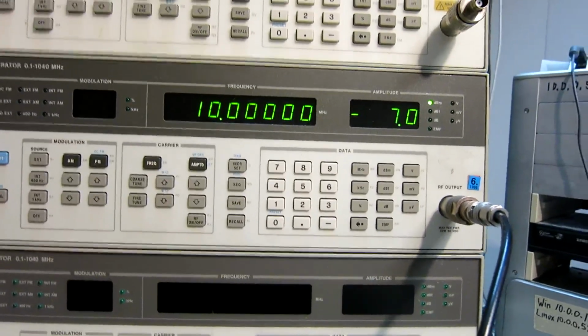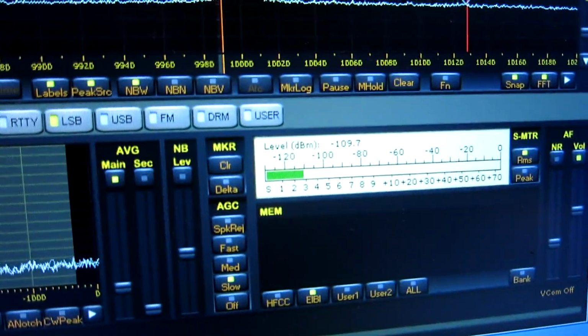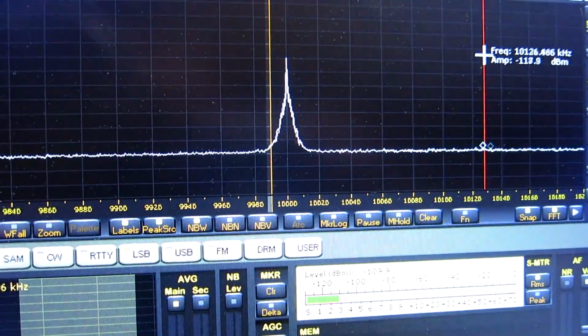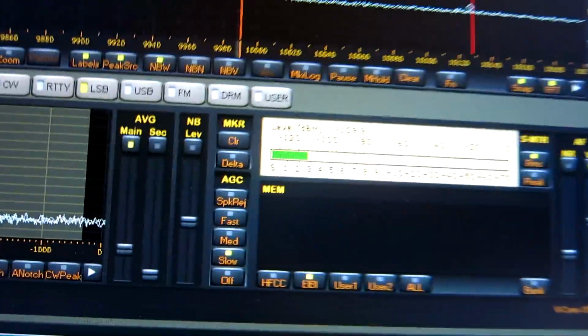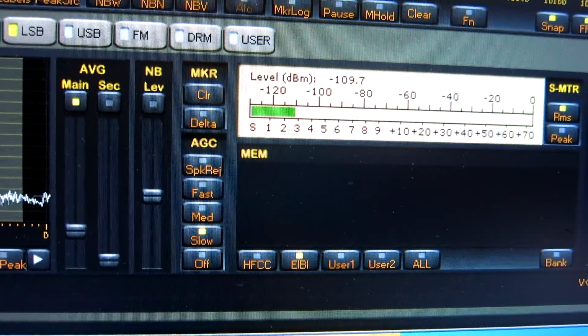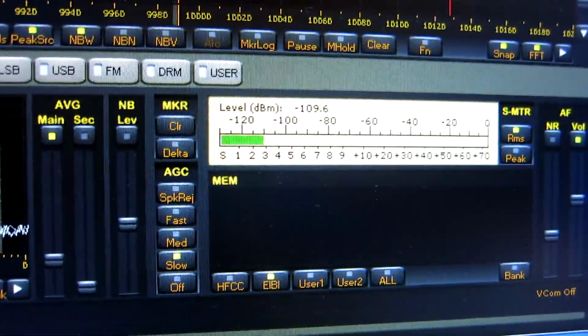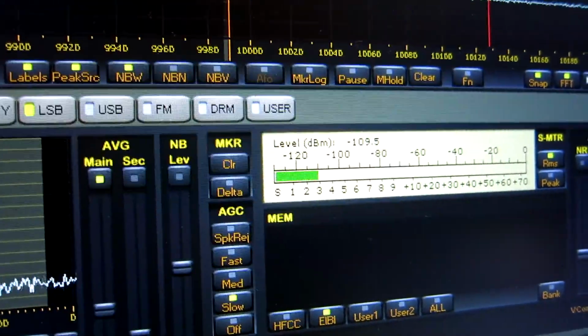With a 25 decibel stronger signal, what I see on the analyzer is like this, and the noise floor is minus 109. I switch off that signal generator.